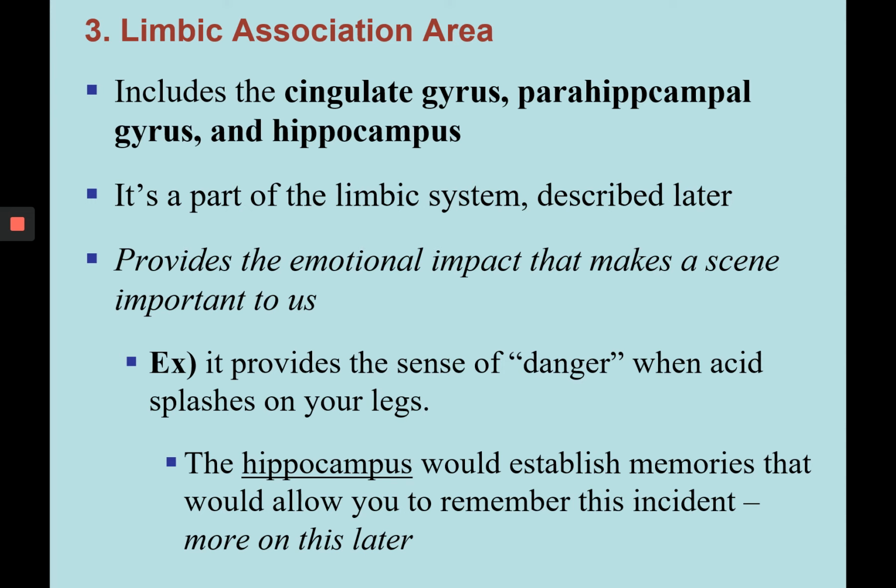So if we spill hydrochloric acid on our legs, it's going to be the system that says, danger, this is acid, it could be really dangerous, that pain sensation we're feeling is not a good sign. So the hippocampus is also able to take that information from an experience like that and make memories. So that's another reason it's important to remember the hippocampus is going to allow us to make or establish memories.